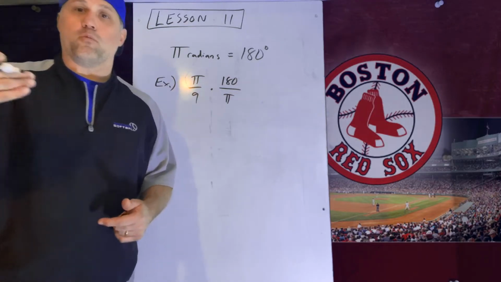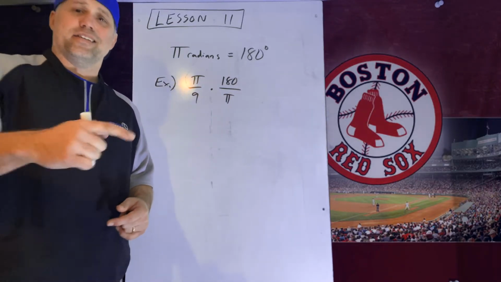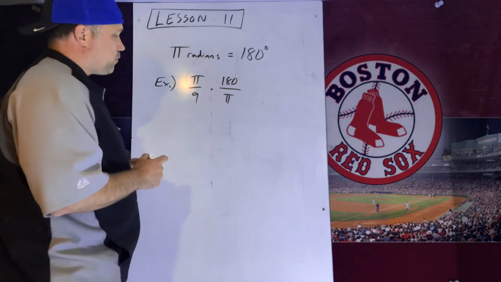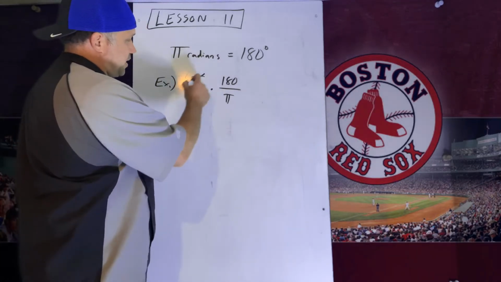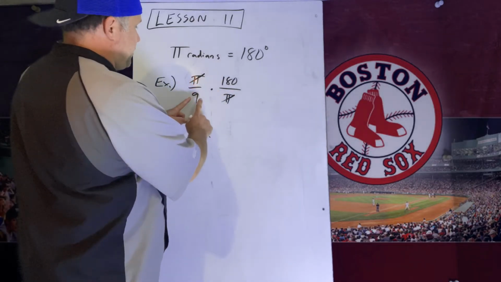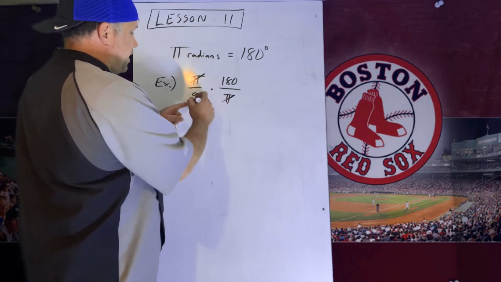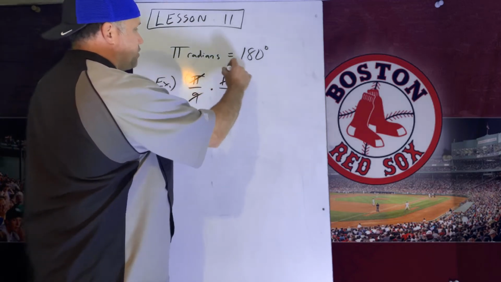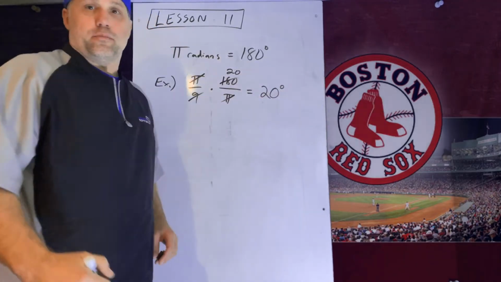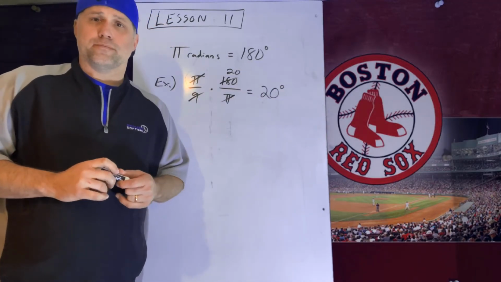So we multiply by 180 over pi. And this, I believe, is something that you did in geometry. So what does that do for us? Well, that makes the pi, since they're diagonal to each other, cancel out, cross out, reduce. And then I can divide 9 into 9 once, and 9 goes into 180 20 times. So I figured out that we're talking about a 20-degree angle right here.